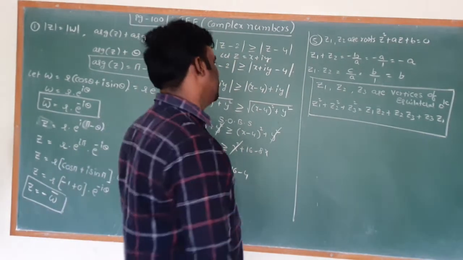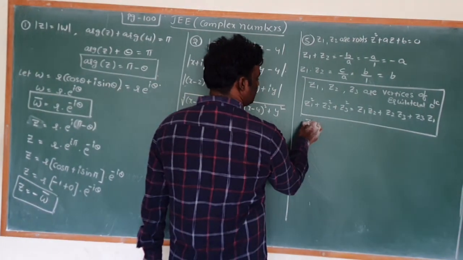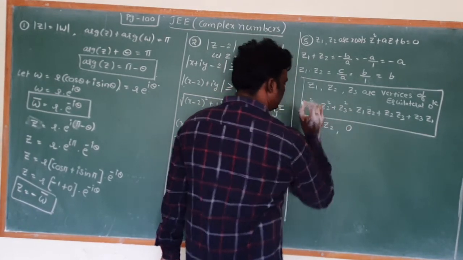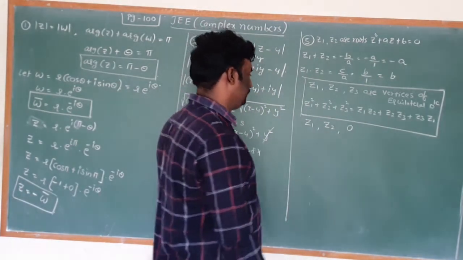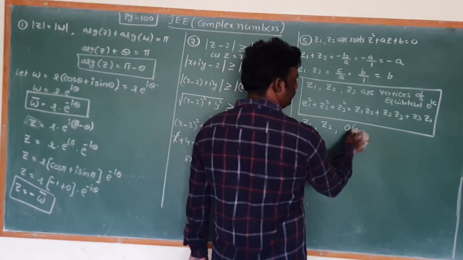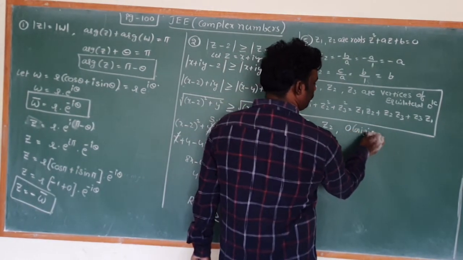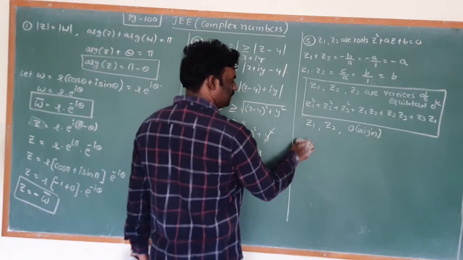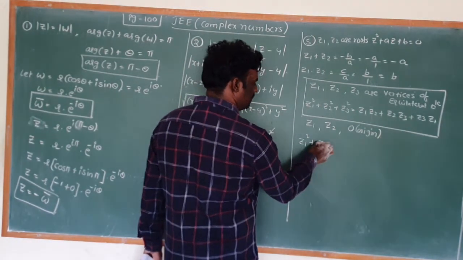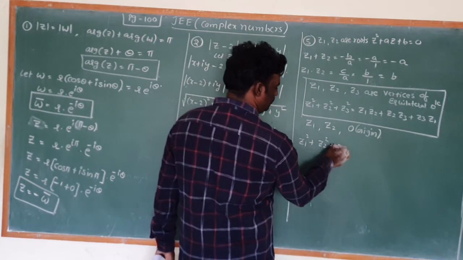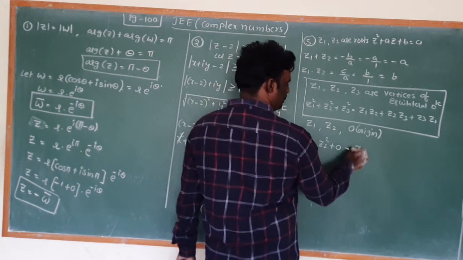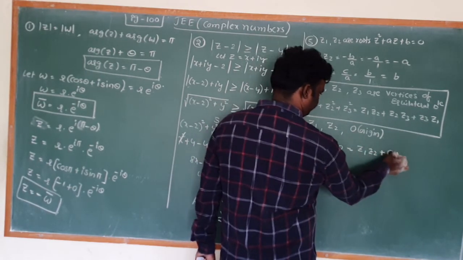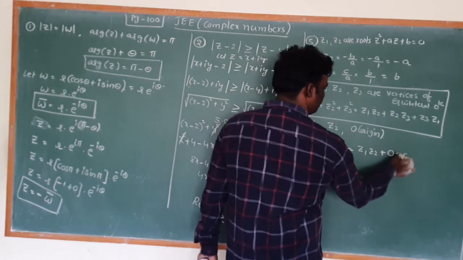But in this question they given first vertex is Z1, second vertex is Z2 and third vertex is origin. Okay, origin. You apply the same concept here, then what will we get? Z1 square plus Z2 square plus 0 is equal to Z1 into Z2 plus Z2 into 0 plus 0 into Z1.